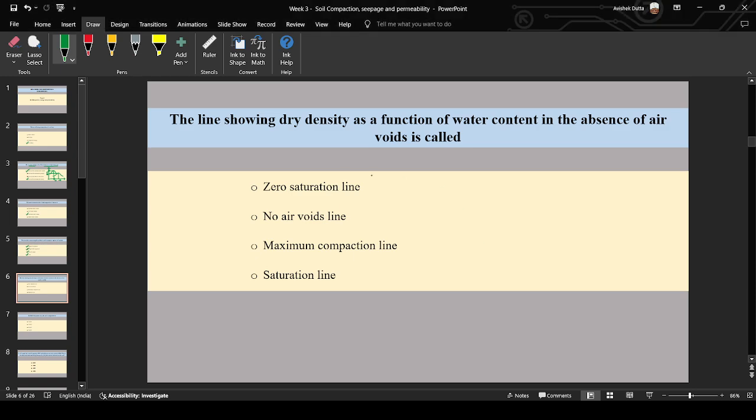If air void is absent, now dry density is a function of water content, that means moisture is present and air void is absent. That means the soil is saturated. If it's saturated, then the line is called saturation line. And another term also we can use, zero air voids line.